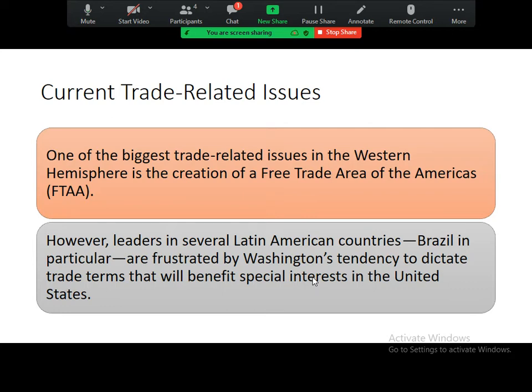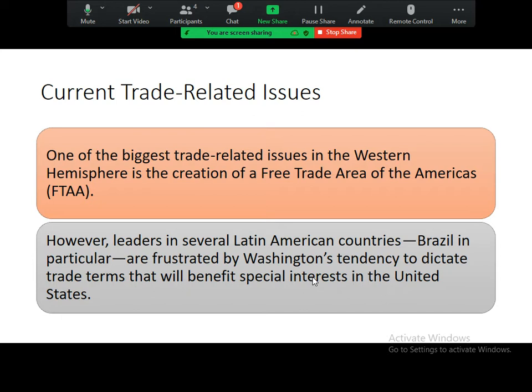For example, a bipartisan coalition of US policymakers favors the inclusion of labor and other trade-related requirements in trade treaties such as FTAs. Labor law enforcement was included in the text of the free trade agreements that the United States signed with Jordan and Morocco. However, several Latin American leaders are opposed to including the lower standards in FTAA.